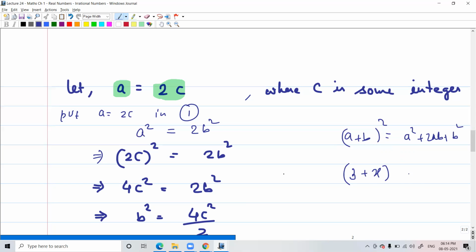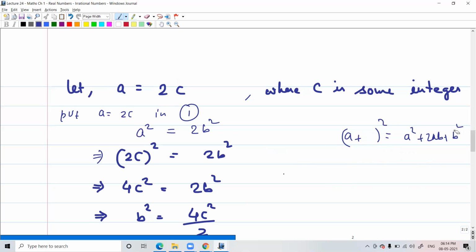So if it is 3 plus x, you will use the same identity, and in place of a, you will put 3 square like this. It's the same thing we are doing here. Is it clear? Tell me. Yes, sir. Okay, fine.